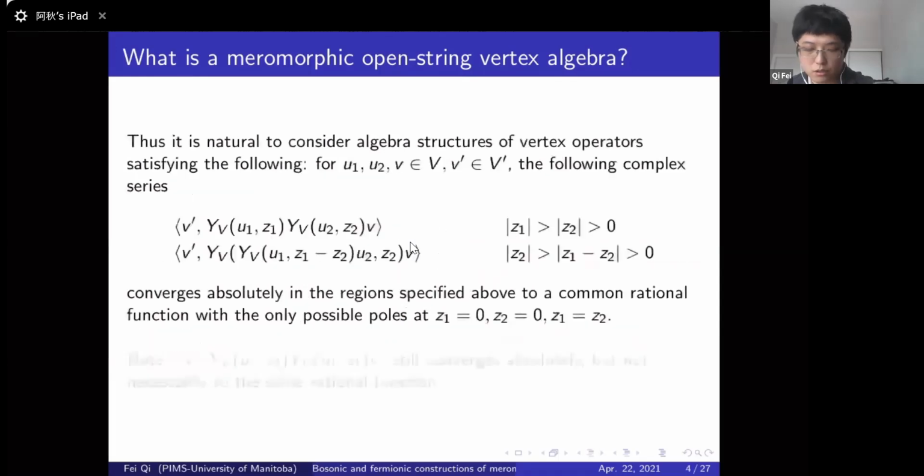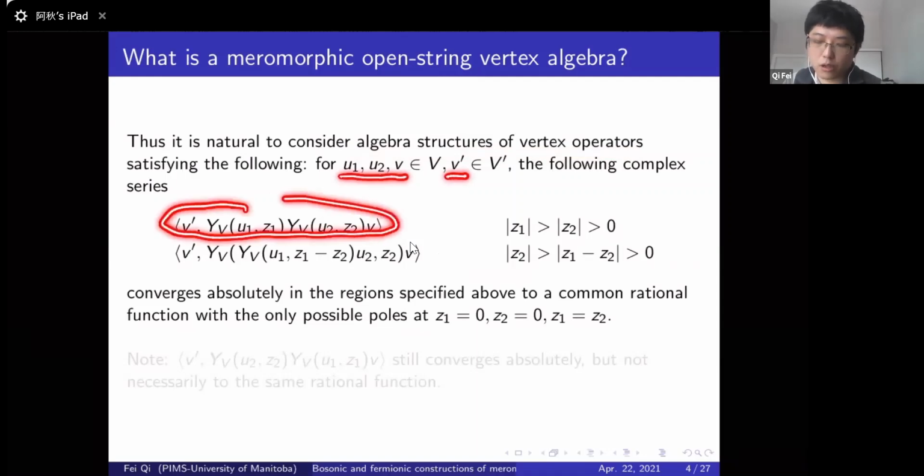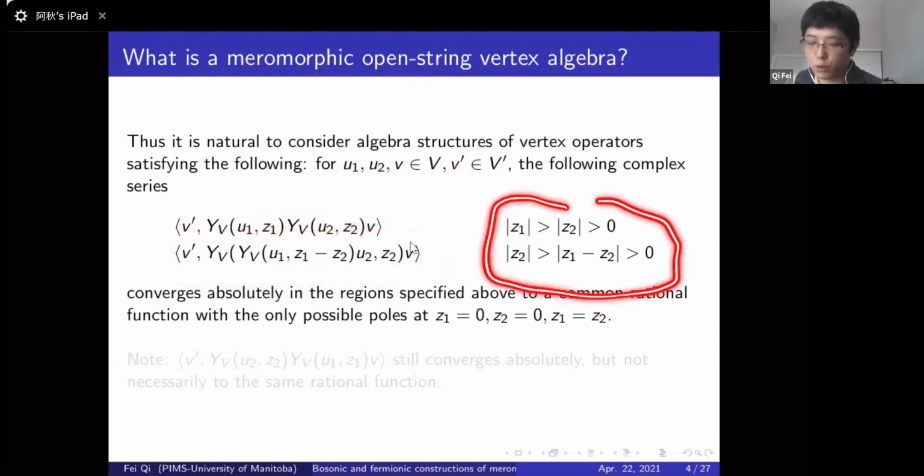Okay, so therefore, it is natural to consider algebra structures of vertex operators satisfying the following. For u1, u2, v, and v prime, the matrix coefficient of the product of 2 vertex operators and the matrix coefficient of the iterate of 2 vertex operators have to converge absolutely in these regions.